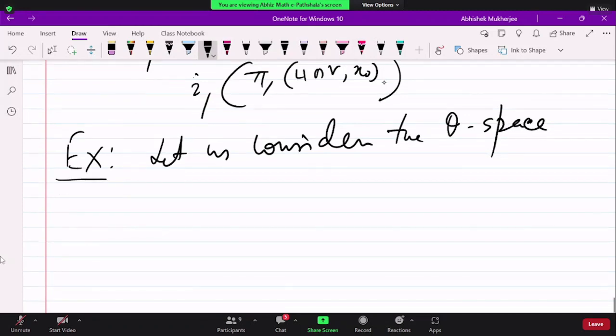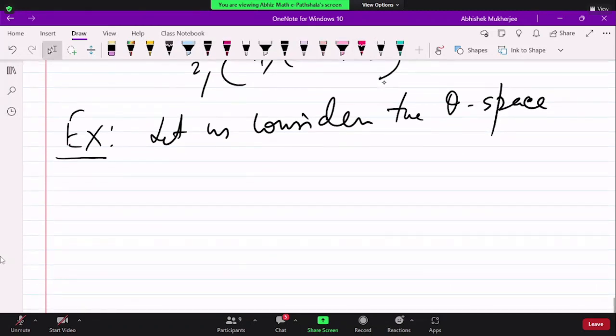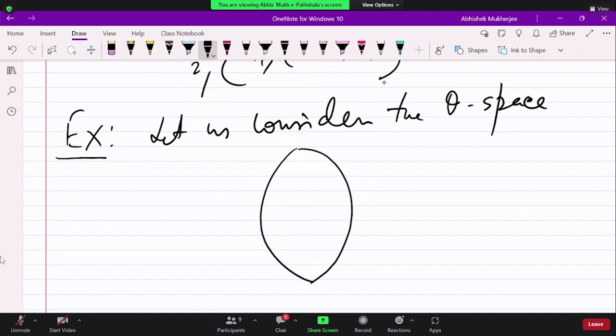Suppose it will be formed by taking three arcs. Let us make it a, so let it be here. So let us take that arc as A.